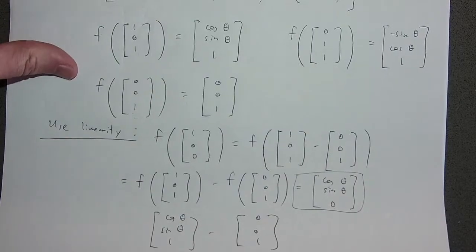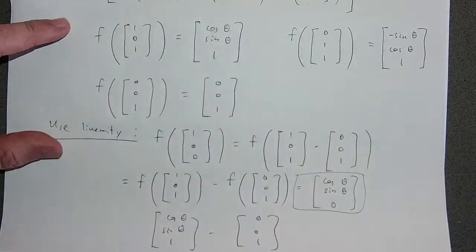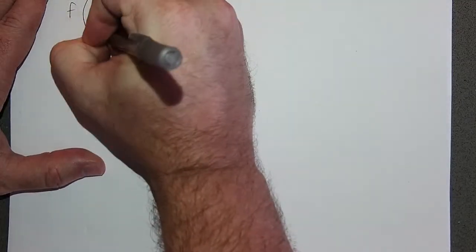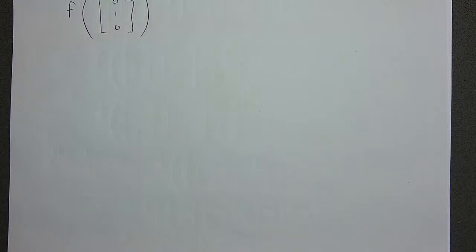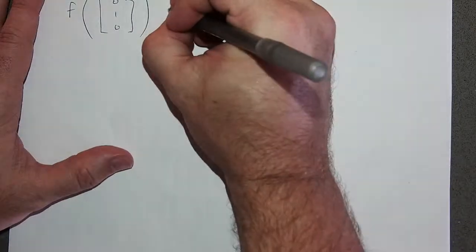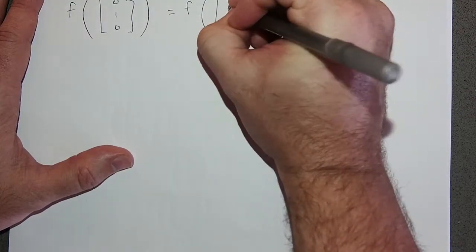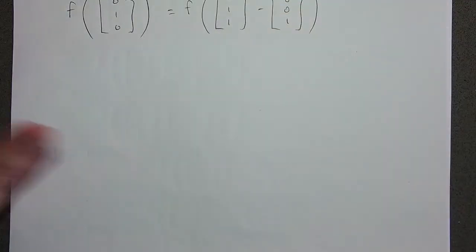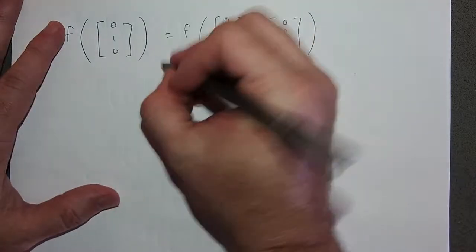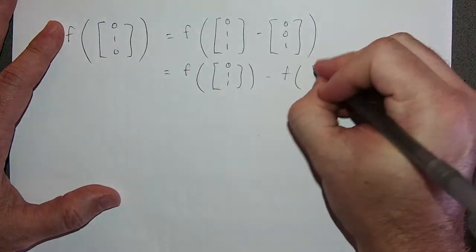Let's use linearity again for the second thing, f of 0, 1, 0. So using linearity again, we say, okay, this is f of 0, 1, 1 minus 0, 0, 1, which is f of 0, 1, 1, which we know, minus f of 0, 0, 1, which we also know.